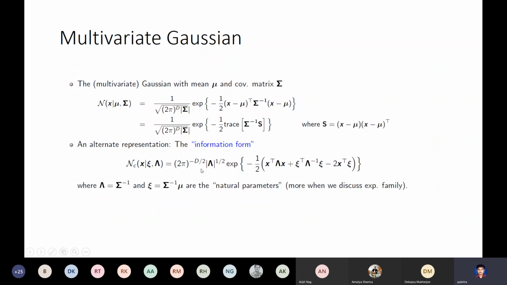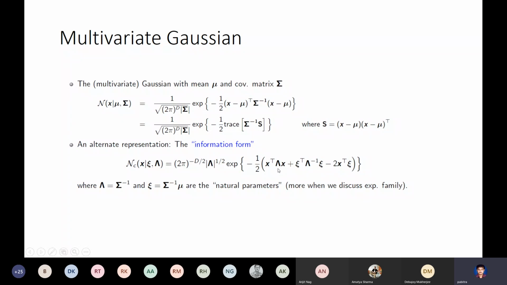So this is an alternate representation. Instead of mu and sigma, I write it as xi and lambda. Instead of mu, I write the normalized mean, mu by sigma, which I call xi. And instead of sigma, I write sigma inverse, which is lambda. If you do these substitutions, you get this form of the normal distribution called the information form.